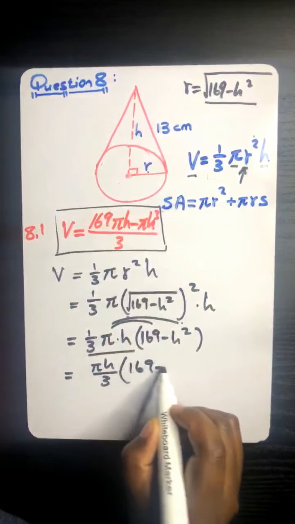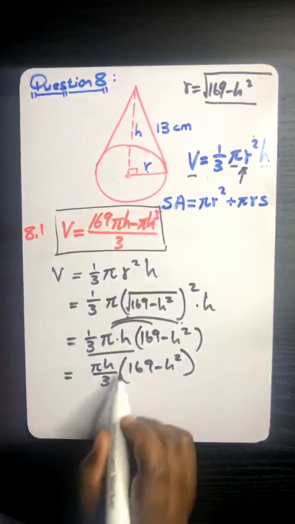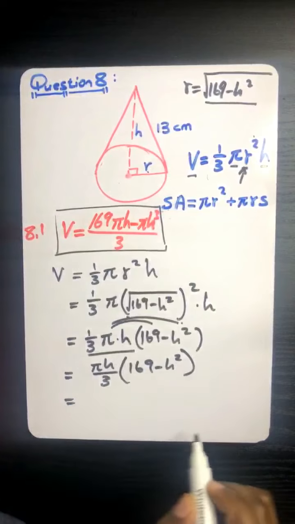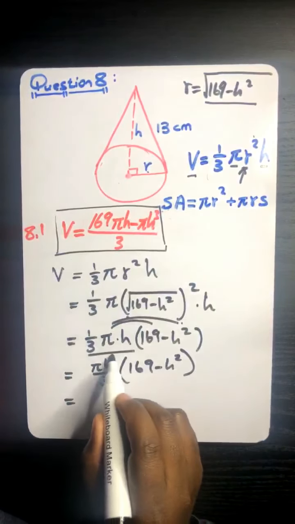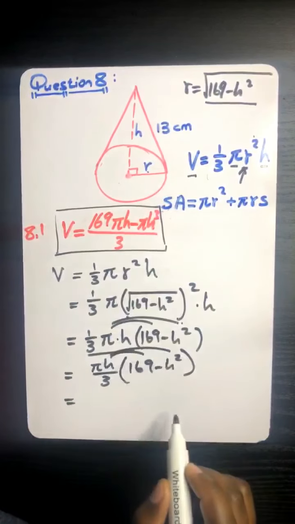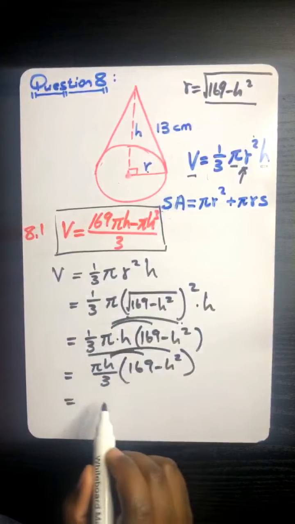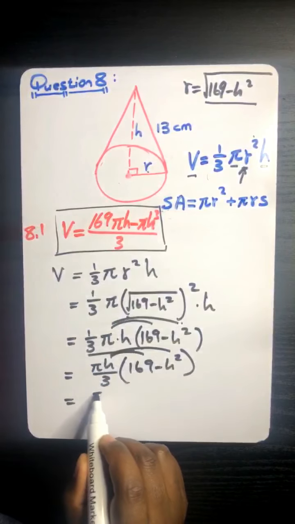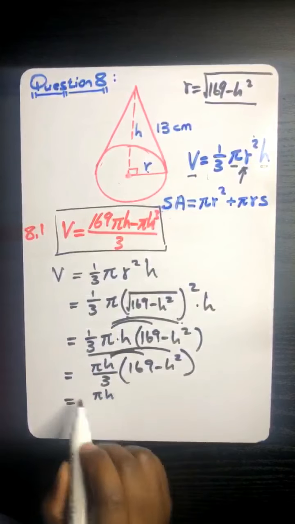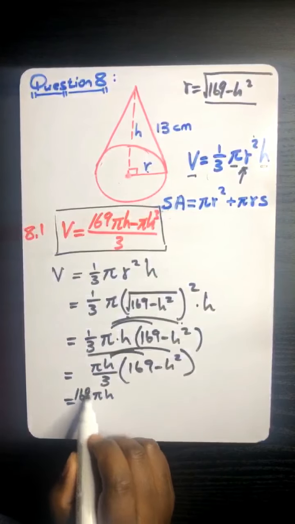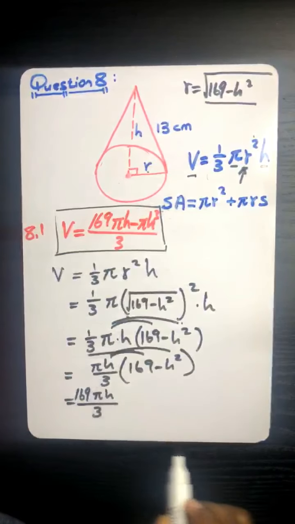I'm not sure if you agree with me on that one. I haven't done anything, I just tried to rewrite it nicely. So we say the whole of that times that, the whole of that times that. So what will all of this be? Will it not be pi h times all of that? Then we have 169 there, obviously over that 3.